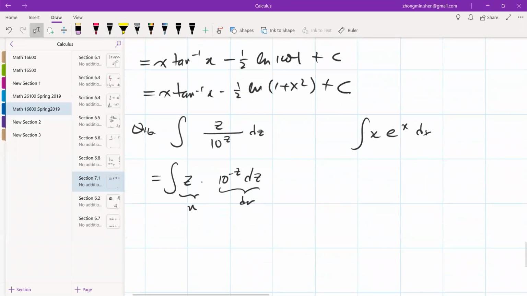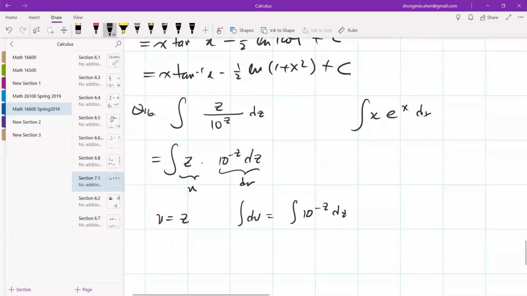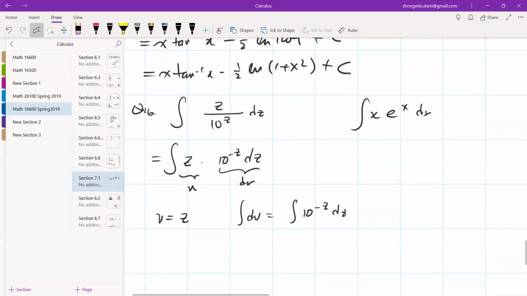If I'm able to figure out the v, then I can use the integral of parts. So u is going to be z, but dv is going to be 10 to the negative z dz, right? So v is going to be, what is the antiderivative of 10 to the negative z?